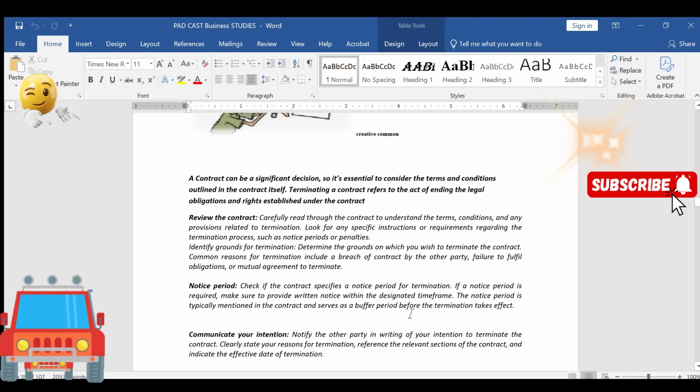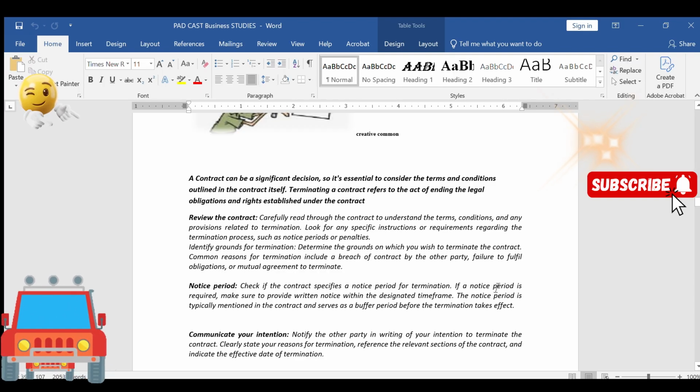Carefully read through the contract to understand the terms, conditions, and any provisions related to termination. Look for any specific instructions or requirements regarding the termination process, such as notice period or penalties.